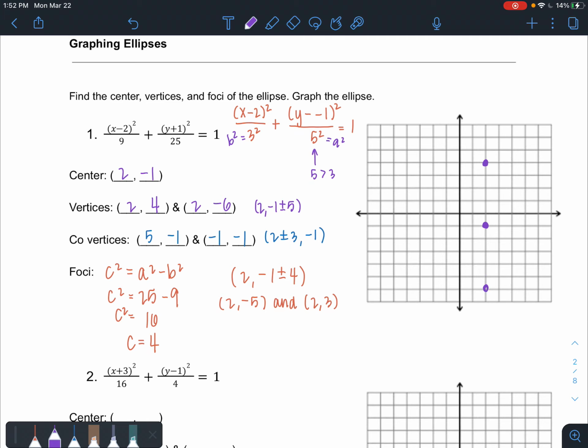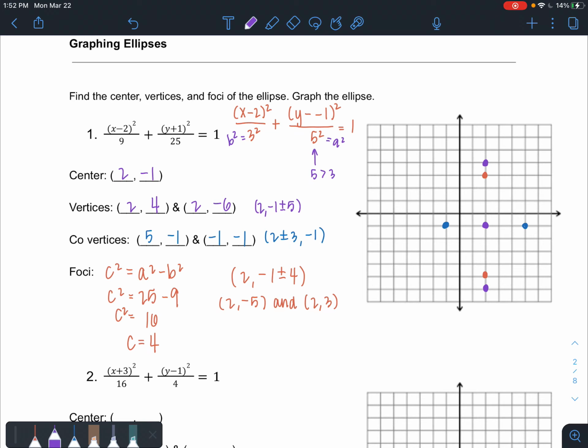Off by 1 today. Then we've got 5, negative 1, negative 1, negative 1. And then finally my foci are 2, negative 5, and 2, 3.